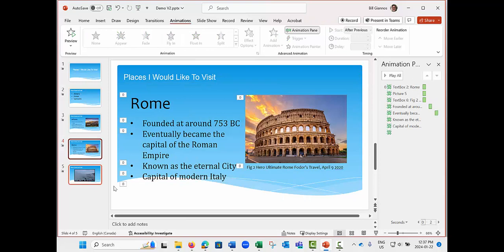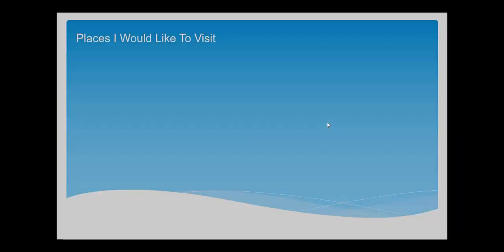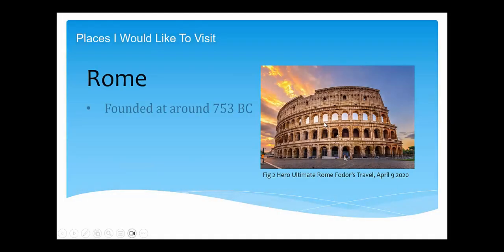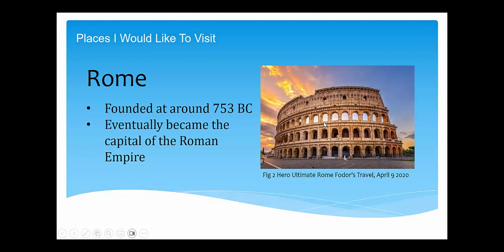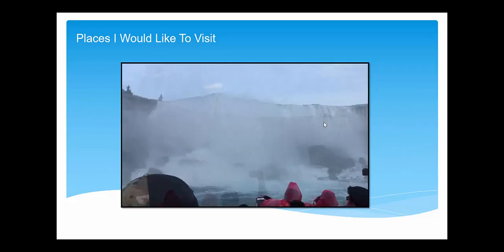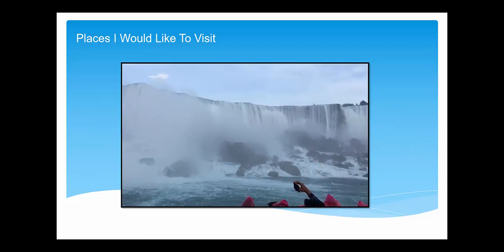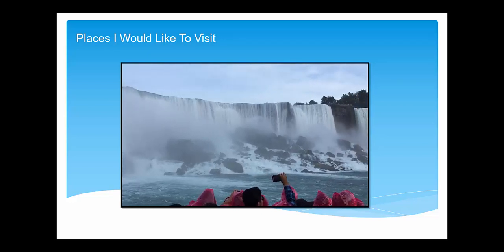Now I'm going to start my presentation from the slide before, just because I want to see how it goes from one to the other. All right. So that's pretty good. It went to the next slide and the video is playing. So that's now kind of interesting.